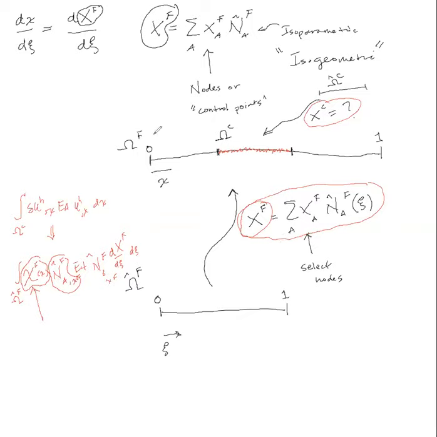So we may have a basis. Let's say we have a basis, right? Here's our flex basis. I don't know, maybe it looks like this, whatever. We're still solving our physical problem over omega c. But the functions that we're using, these N_A's, are the restriction of the flex basis functions to omega c, right? Because if it's outside of omega c, it's 0, so we don't even see the functions. So we take these functions here as our basis, which is perfectly acceptable.